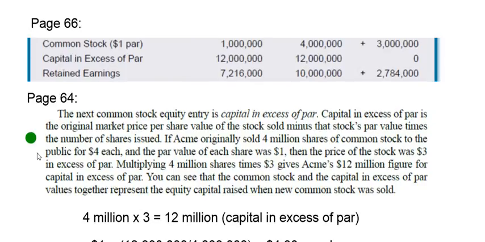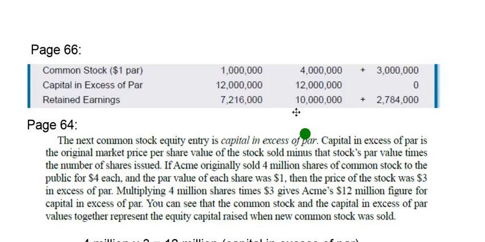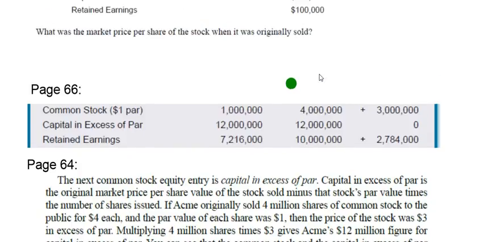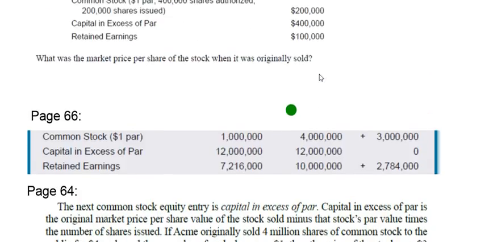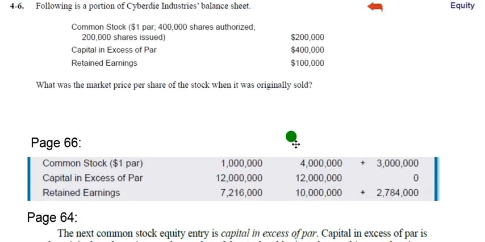Okay, so if Acme originally sold 4 million shares, which we see right here, this 4 million shares sold would coincide with what they're saying right here, 200,000 shares issued.